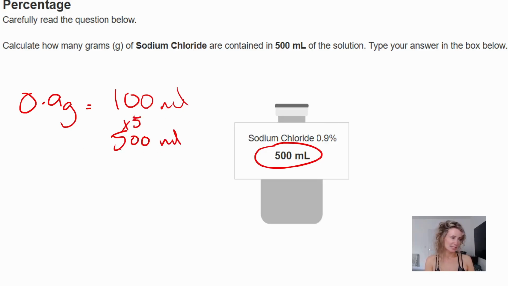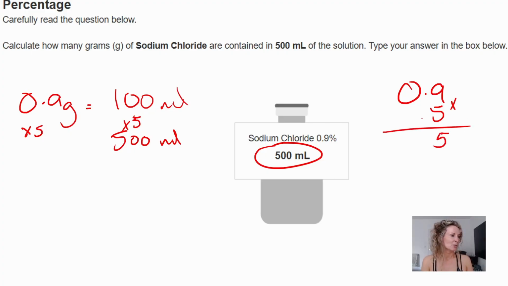If we did that on this side, we have to do the same on the other side. So 0.9 times by 5. 5 times 9 is 45. 5 down, 4 up, replicate the decimal point. 5 times nothing is nothing. Add the 4 is going to give us 4.5. So 4.5 grams equals 500 ml.